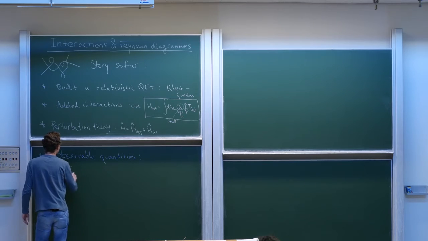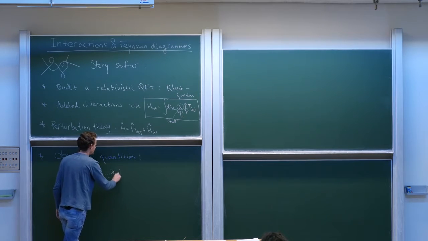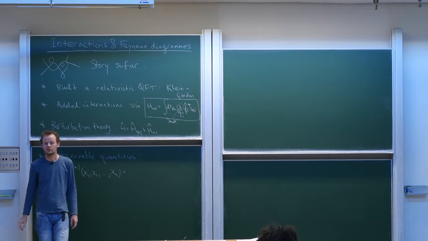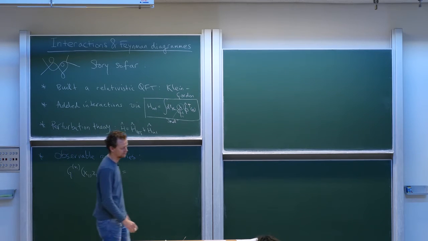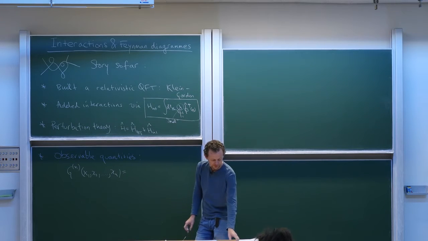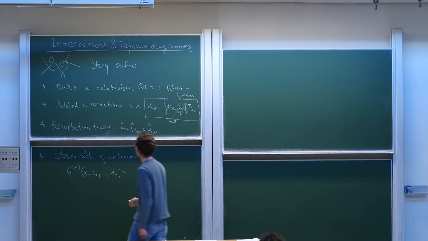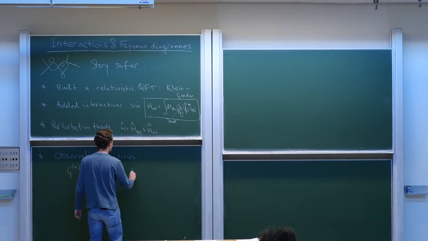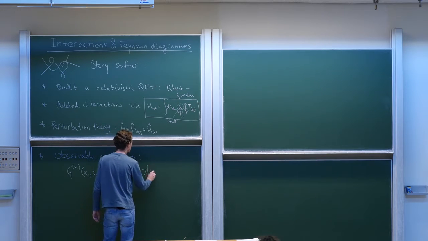These quantities we focus on are these n-point correlation functions known as Green functions, or Green's functions, depending on which school of pronunciation you belong to. These Green's functions are defined to be these time-ordered vacuum expectation values.